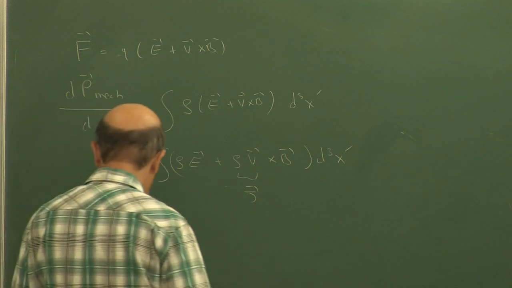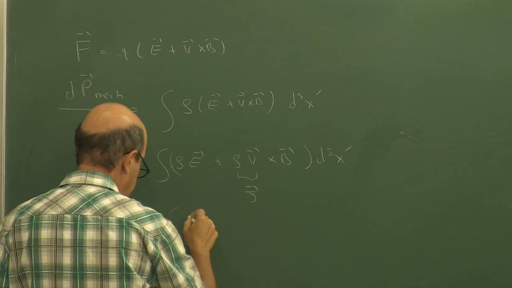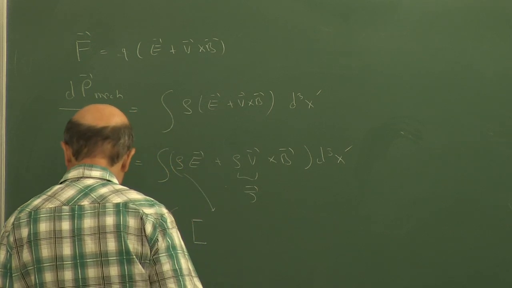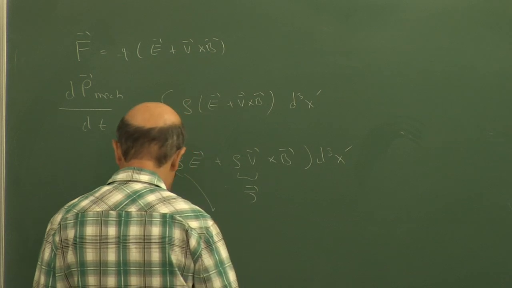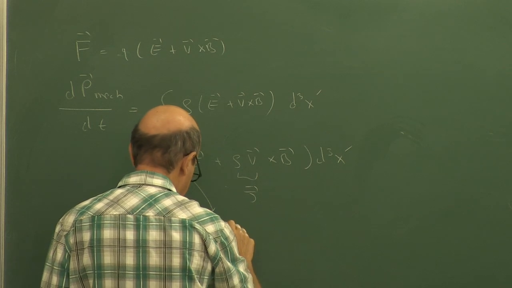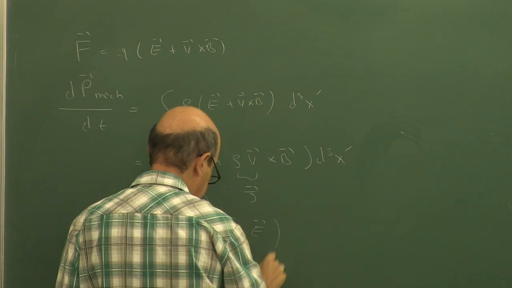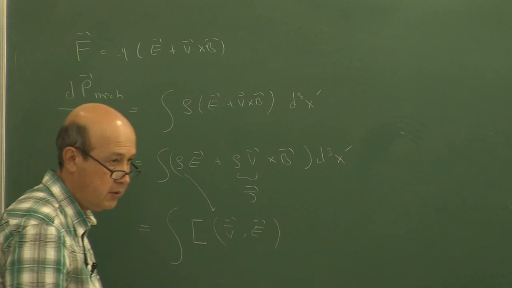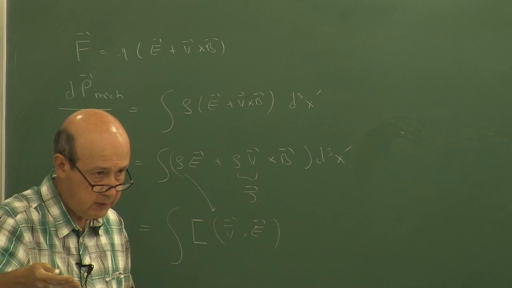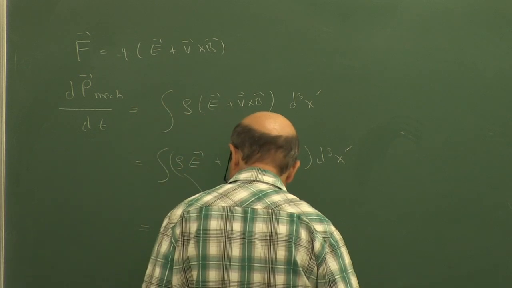So basically what I am going to do is the following. For that term, rho is the divergence of the electric field, from the first Maxwell equation. The source of the field is the charge density.